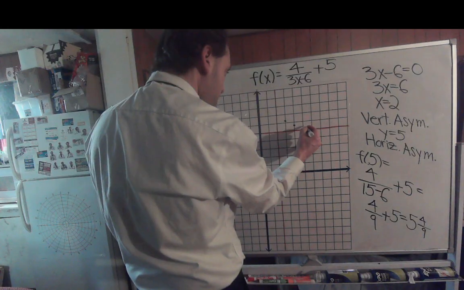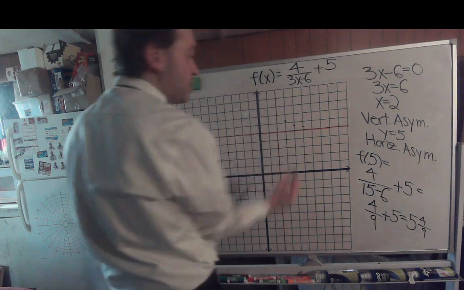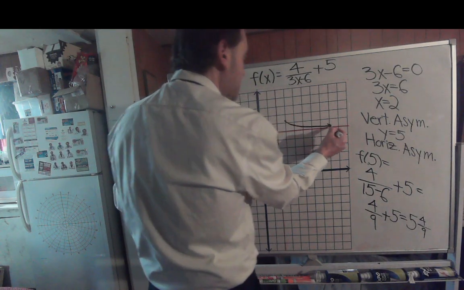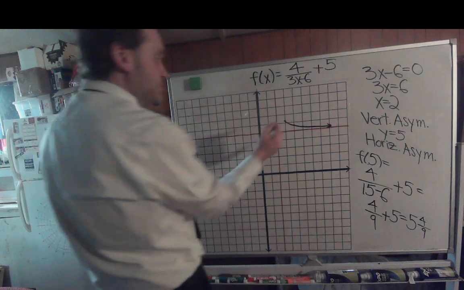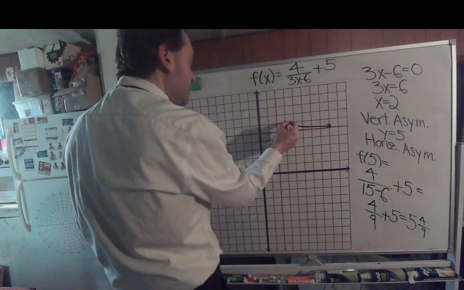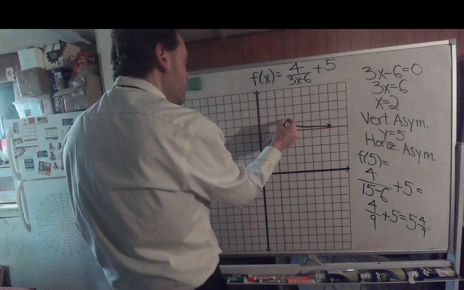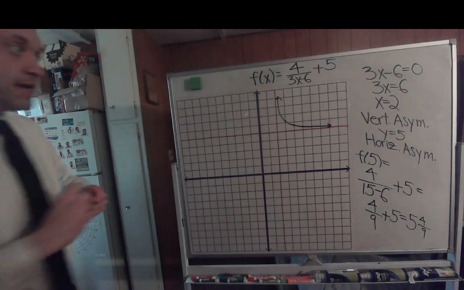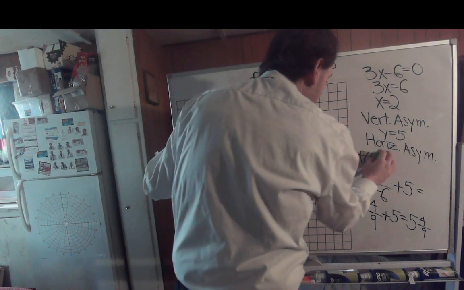A little less than 5 1/2. So about right there. And you see the pattern that this graph is starting to take, closing in on the horizontal asymptote of y equals 5, and then to the left, closing in on the vertical asymptote of x equals 2.